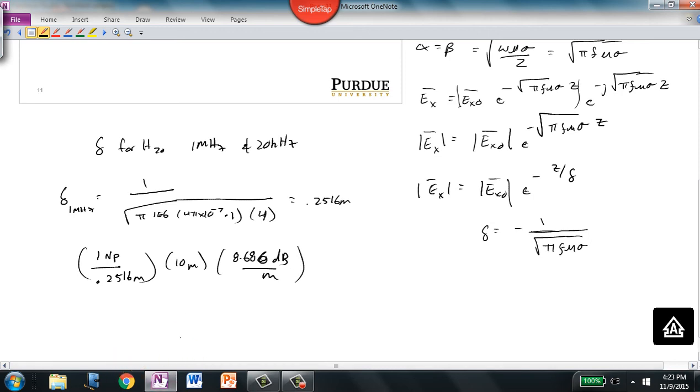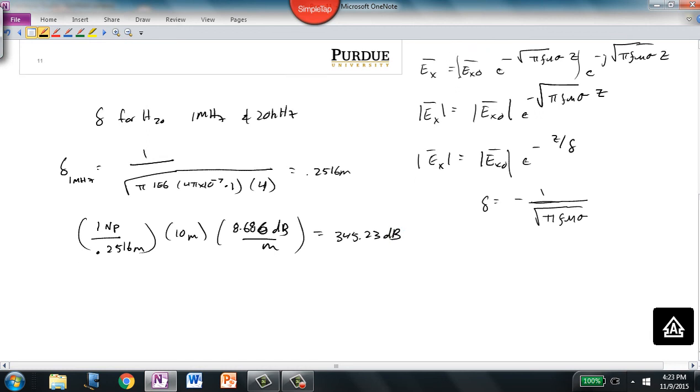So I've taken 1 Neper, divided it by the skin depth, multiplied it by the distance over which we're measuring attenuation, and I just chose 10 meters. And then I've done a Neper to dB conversion. I find that at 10 meters at 1 megahertz, I've got 345.23 dB of attenuation due to water.